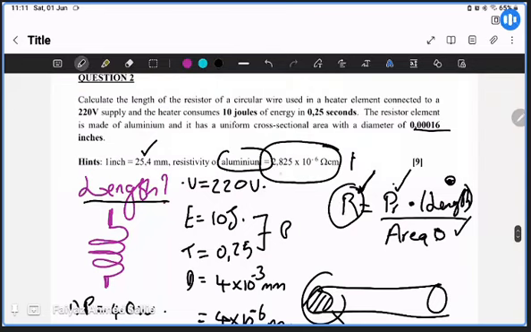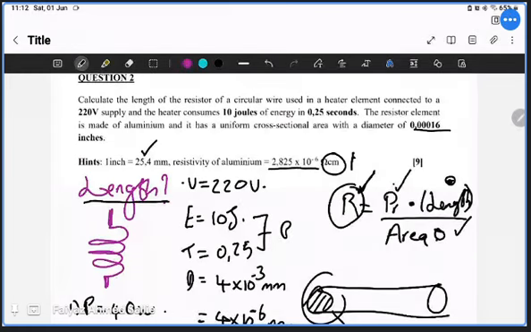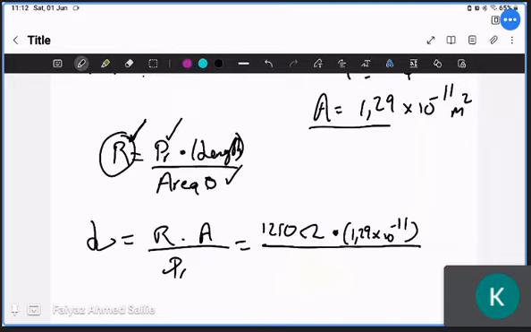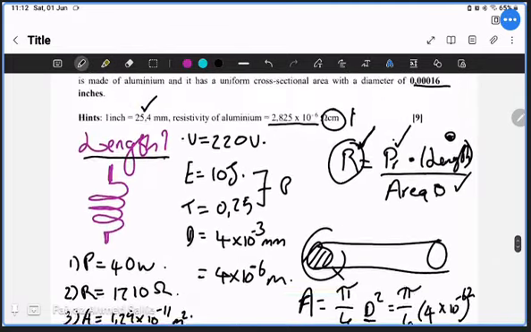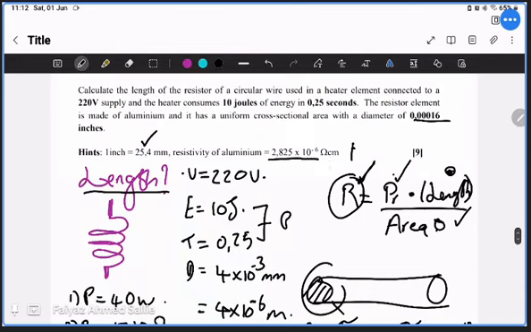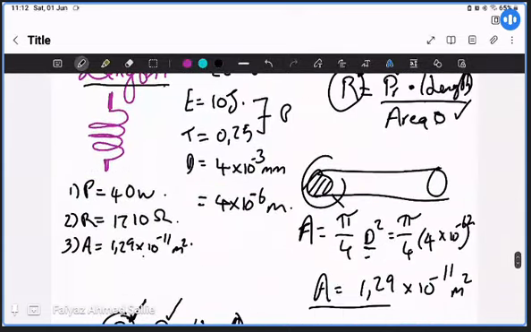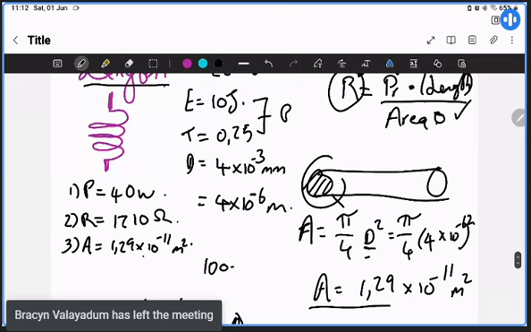Our resistivity is aluminium. So resistivity of aluminium is 2,825 times 10 to the minus 6 ohms centimeters squared. So we need to convert that as well to meters. We know that 100 centimeters is equal to 1 meter.